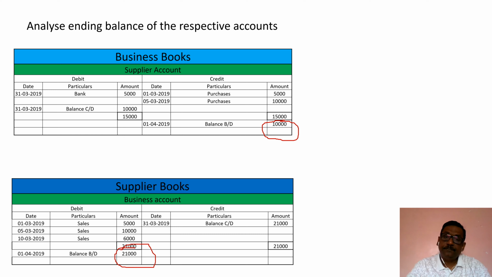You need to understand why there is a difference. This is what we need to do: analyze these two balances and identify the differences. So I am taking the ending balance of both books and comparing why there is a difference. Clear? Let us move on to the next slide.